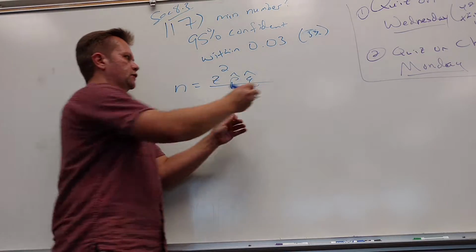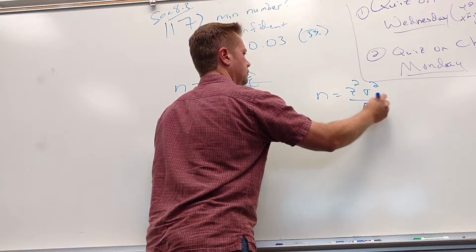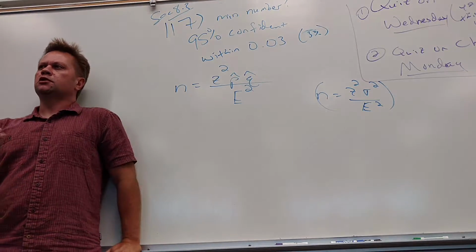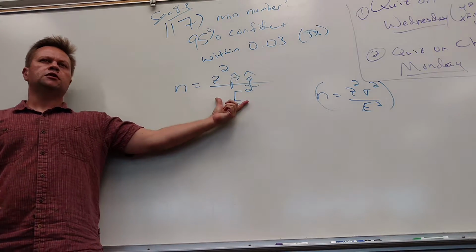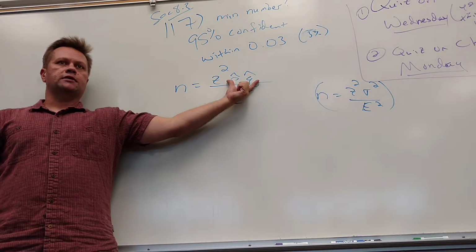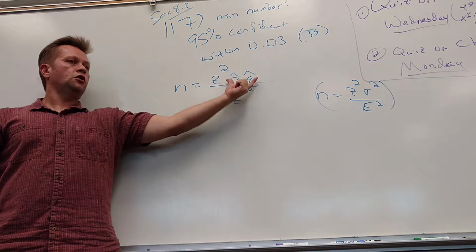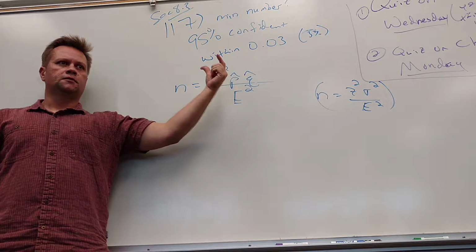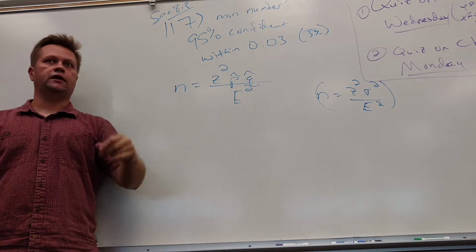If it was for a mean, it would be this. That's the formula for a mean, to figure out how large of a sample you need to take to be within so much of the true mean. This is the one for a percentage. So they didn't say anything about these hatted guys, right? If I don't know the percentage, what's my best guess? 50-50, 0.5.